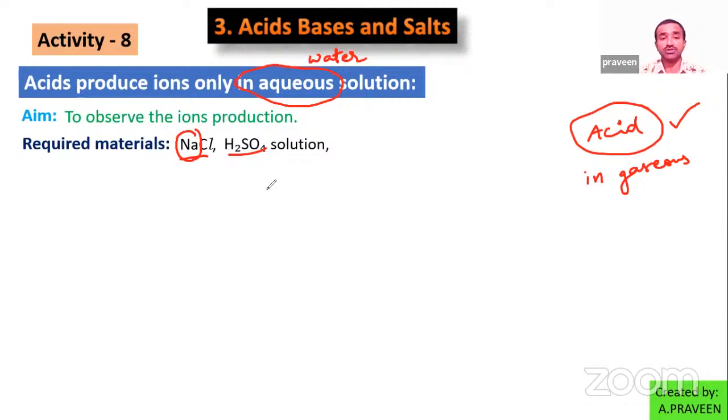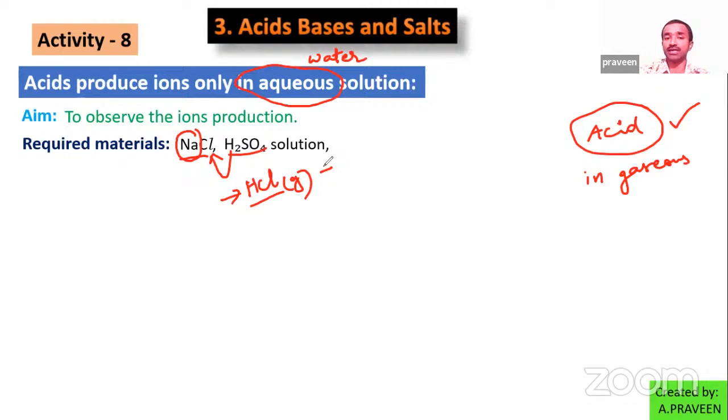Okay, right. So here this metal displaces hydrogen from it and forms a salt, and the gas is HCl. The H combines with the Cl and comes out as HCl gas. So you are able to produce HCl in gaseous form.